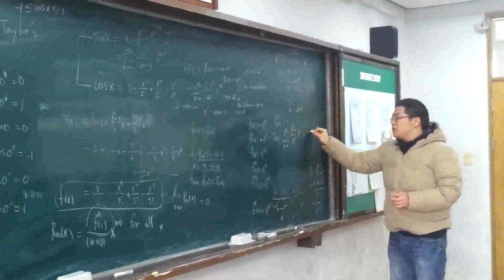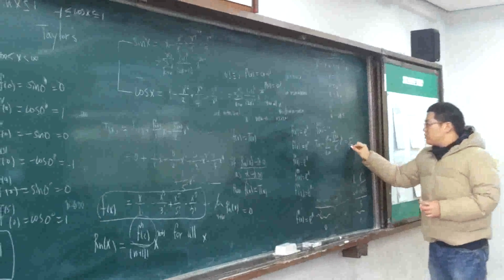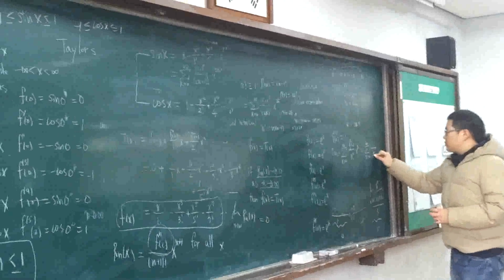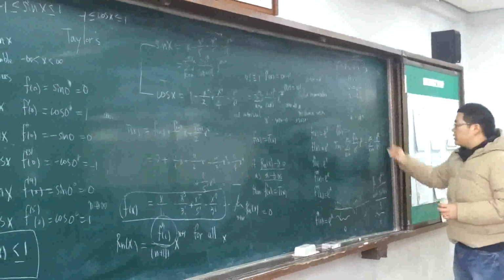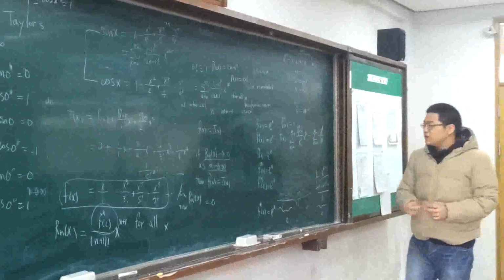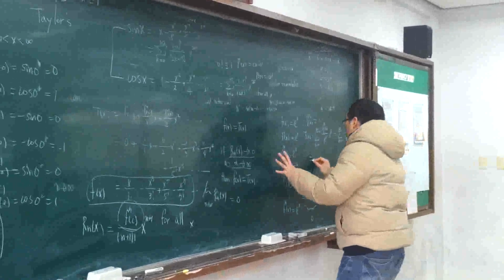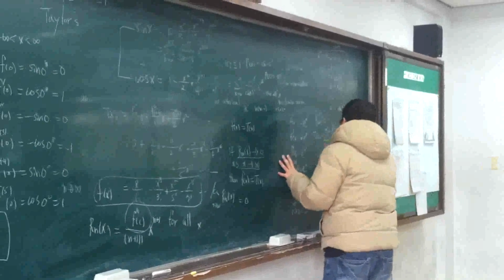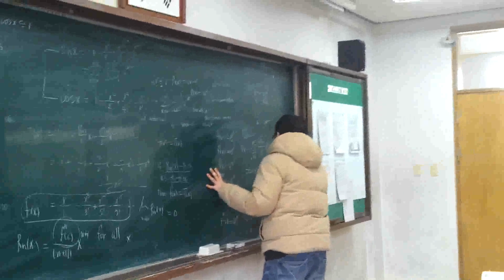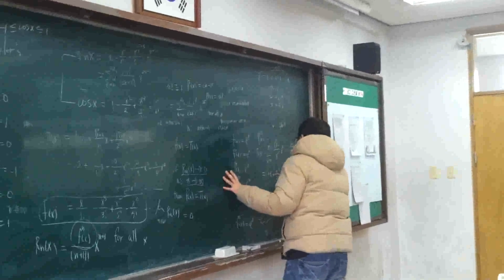So this is the Maclaurin series of e^x, and if you expand it, it goes like this.